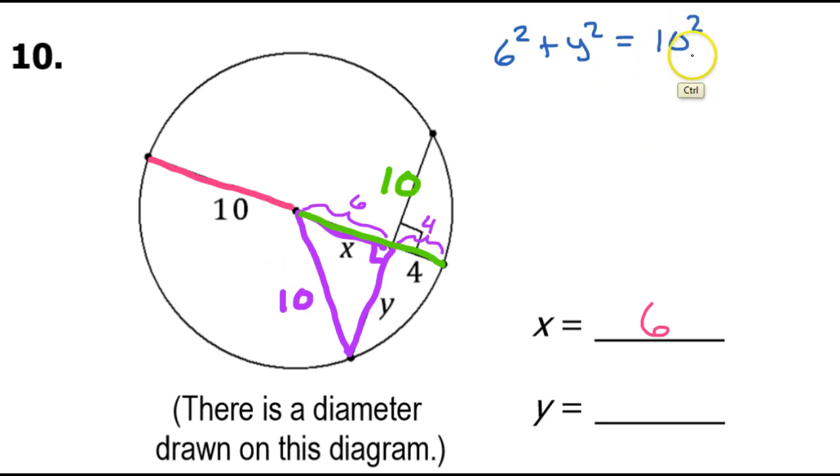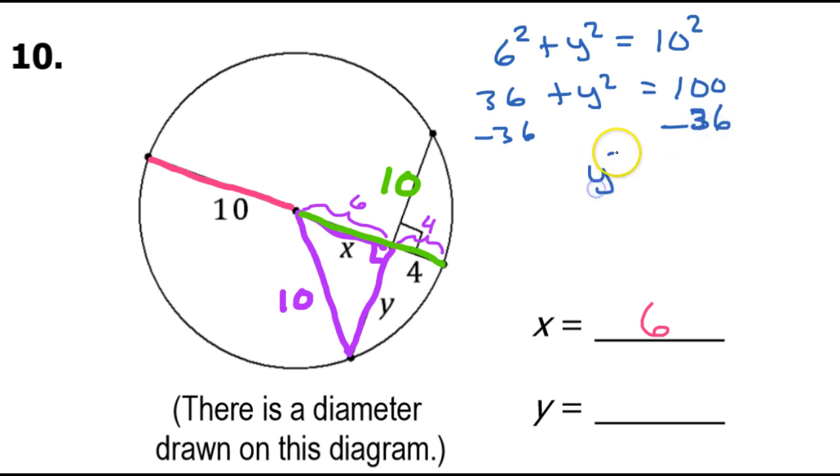The hypotenuse always goes by itself. So that's 36 plus y squared is equal to 100. Subtract 36 from both sides. And then we've got y squared is equal to 64. Take the square root of both sides, and you get that y is 8.